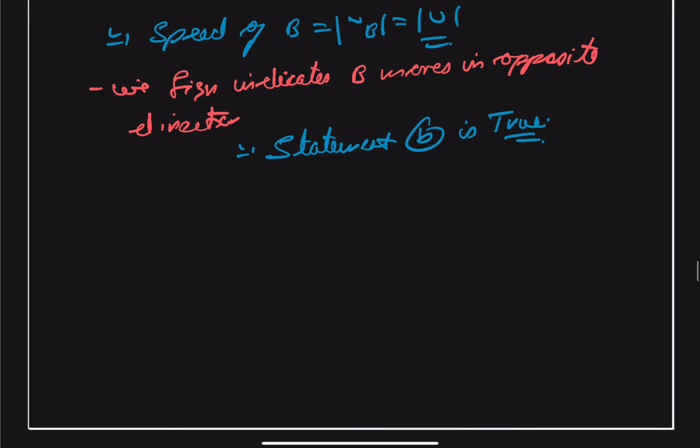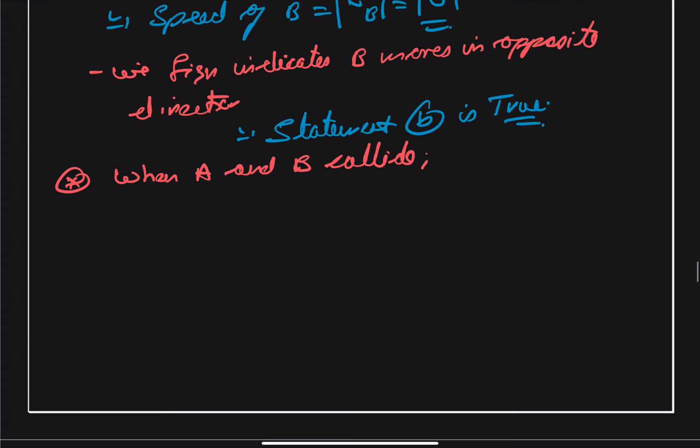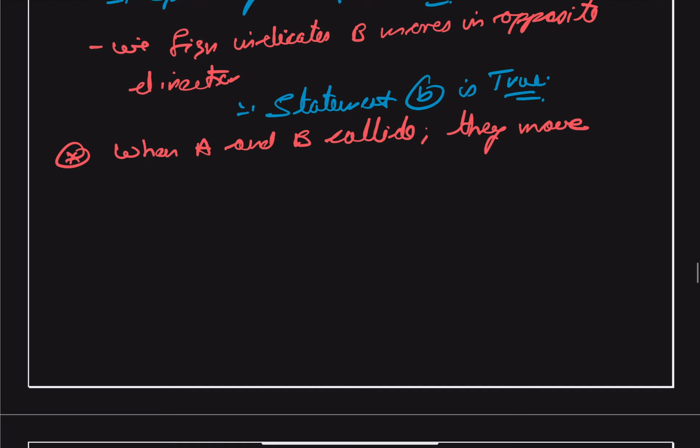And for the last part, when A and B collide, they also move together with the velocity, suppose VAB.